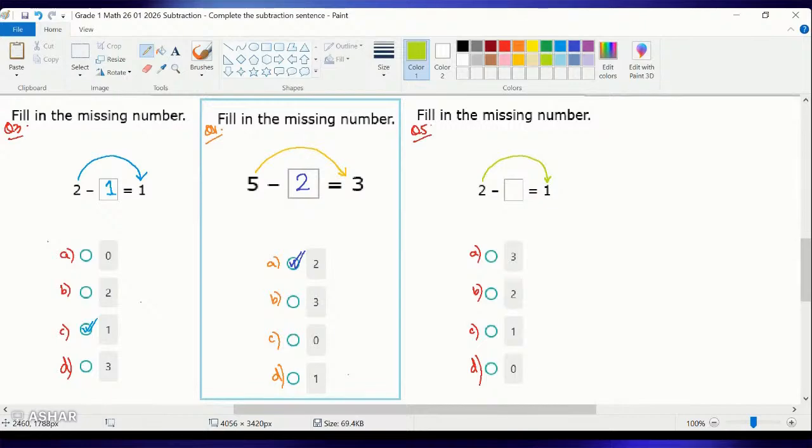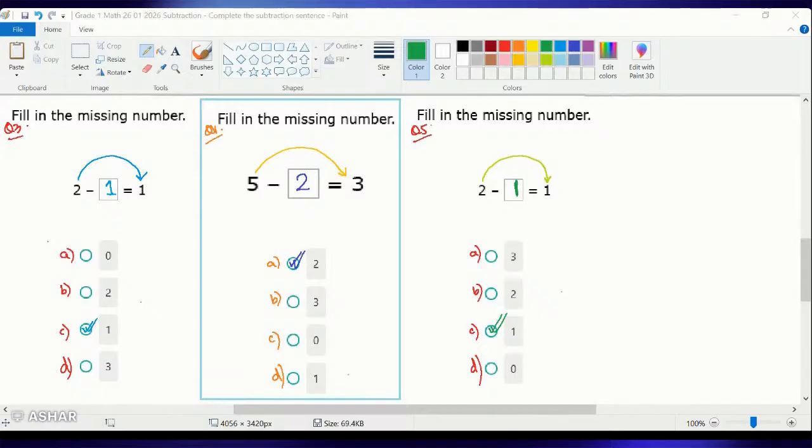Yes. 2 minus 1 should be equal to 1. And we look at the option number C. Okay. Thank you. Let's have a look at some more questions.